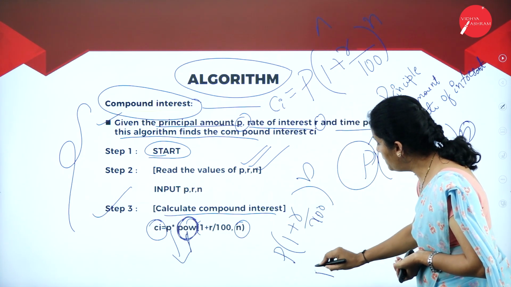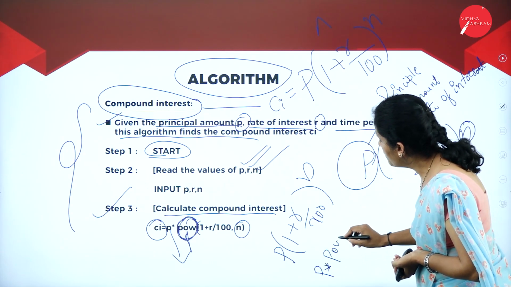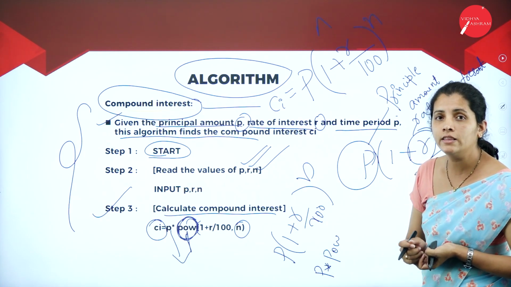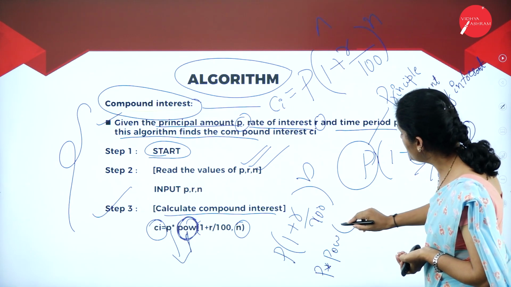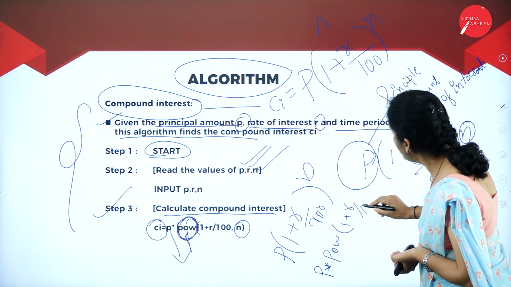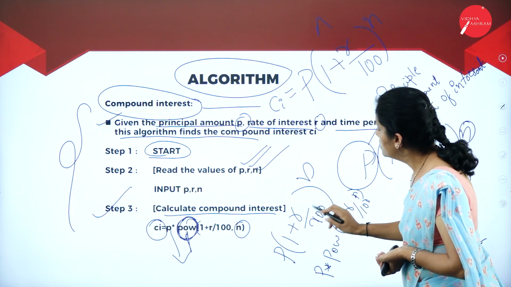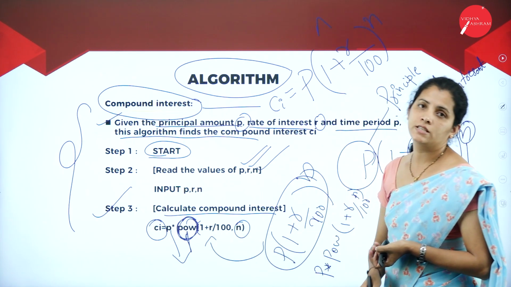That is P star power of, I'm going to write the mathematical function in order to find the power of n. So which values am I going to pass? That is 1 plus R divided by 100, n. So this actual formula is converted into this form.